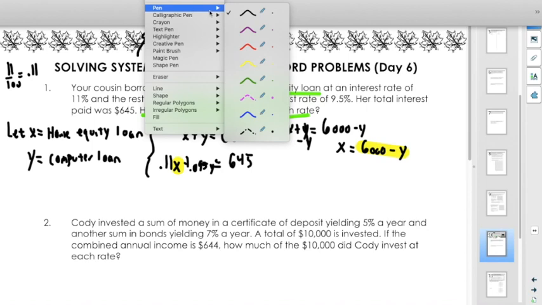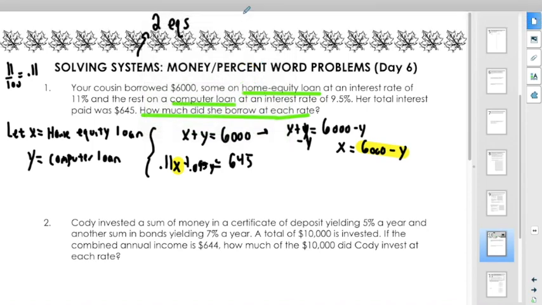Okay, so let's see what we get. Let's do this math out. I'll do this right down here. I'm going to use this equation now. So 0.11 times (6,000 minus y) plus 0.095y equals 645.